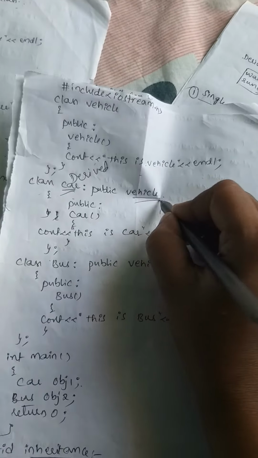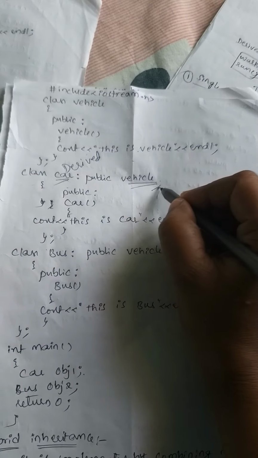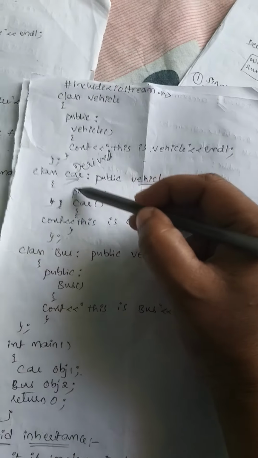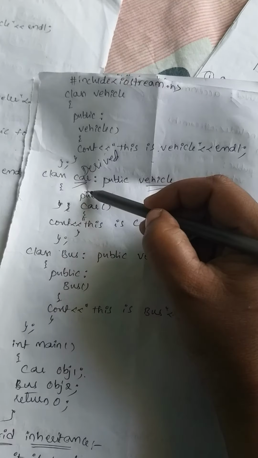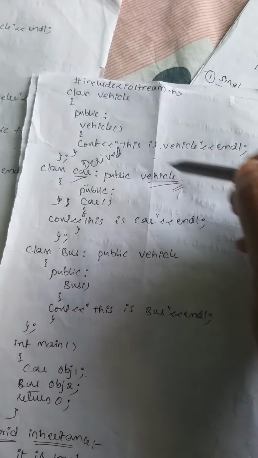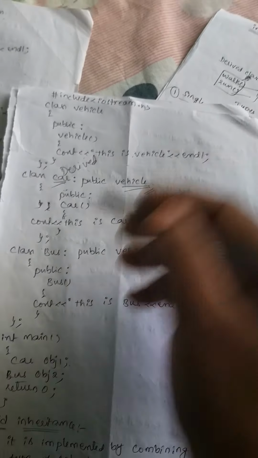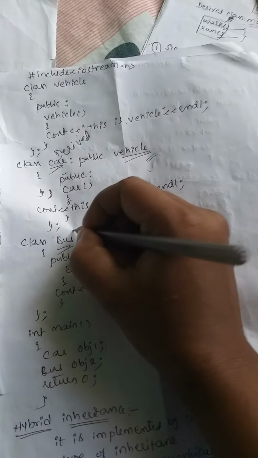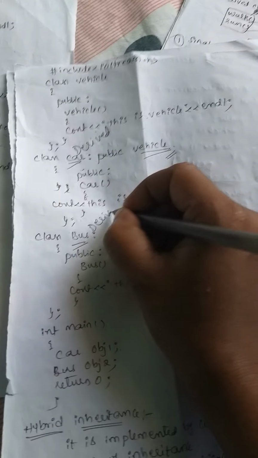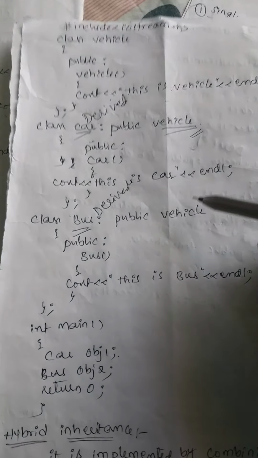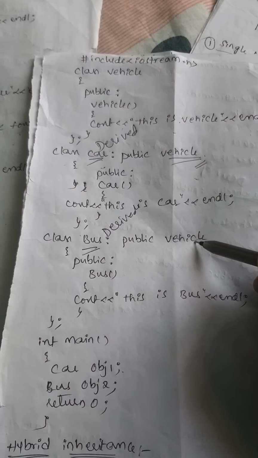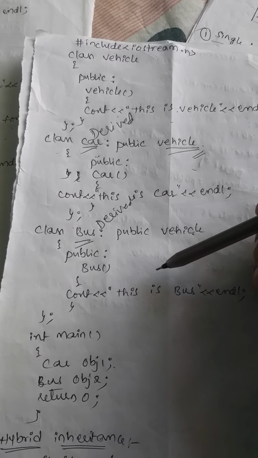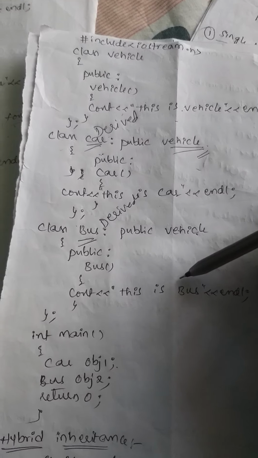We have only one single base class, but different derived classes. Here class car is one derived class which is deriving from the vehicle base class, and we are creating one more derived class, bus, which is also deriving from the vehicle base class. In each case we are creating constructors for every class.